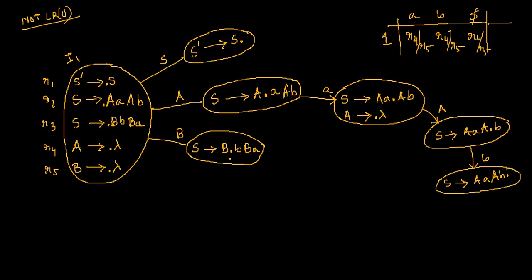Similarly, for this part, for b, it is S2, B dot B A. And due to this B, I can write B to lambda dot.